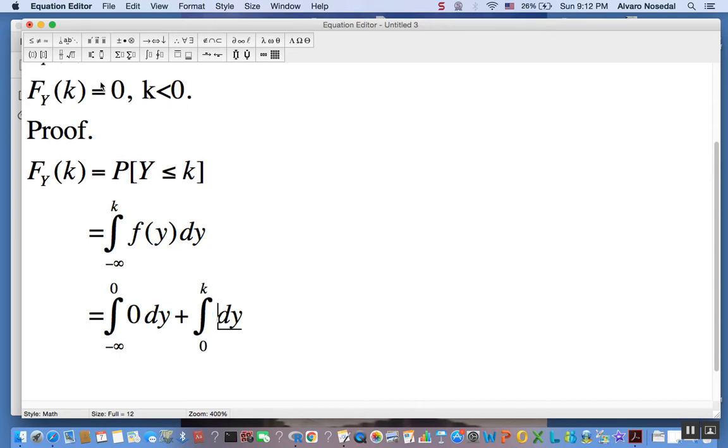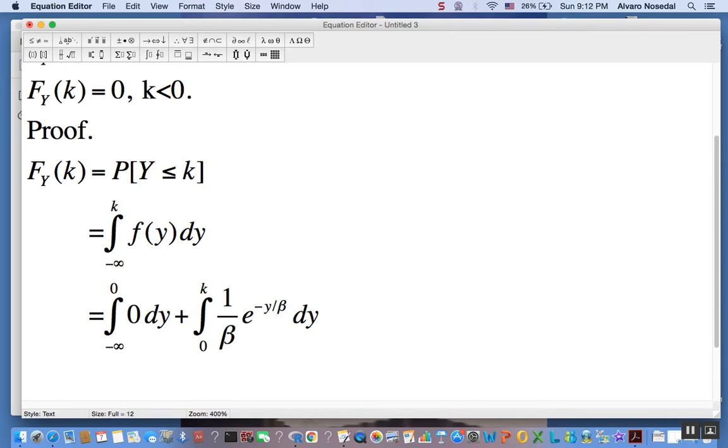In this case, we have an exponential distribution with parameter beta, and we use this expression, 1 over beta e to the negative y divided by beta. Okay, so that's the expression that we're using in our textbook.